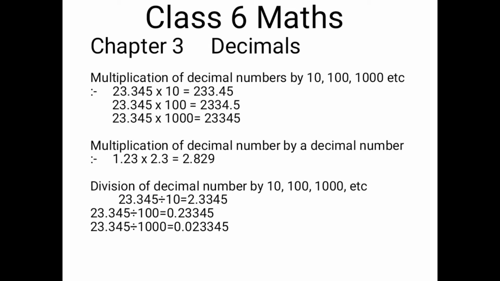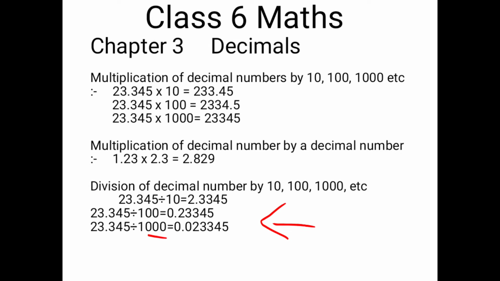Got it? So it was 23.345, so it will become 2.3345. The decimal point is going to the left-hand side according to the number of zeros. Here we have two zeros, so the decimal point will go two places, so it will become 0.23345.